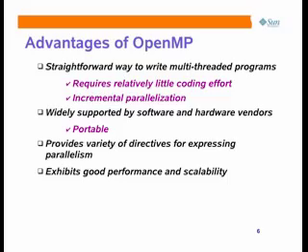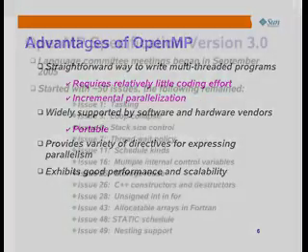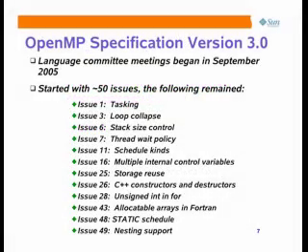I'll give you a brief overview of OpenMP Specification 3.0. The language committee meeting started in September 2005. Actually, there are several members of the language committee here in the audience. It started with about 50 issues to be considered for the new specification, but only the following issues remained.